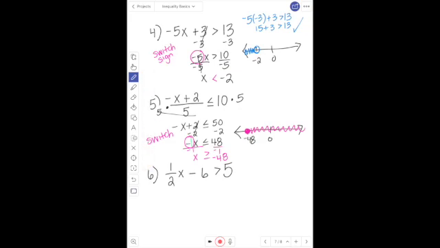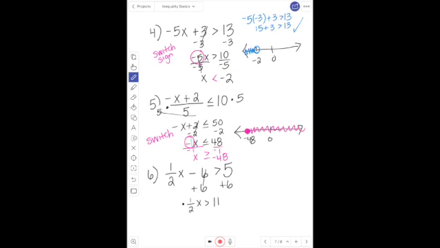All right, for number 6, I'm going to start by adding 6. So I have 1/2 x is greater than 11. Now, when we talked about fractions before, we said it was much easier to multiply by the reciprocal. Remember, there's no such thing as dividing by a fraction. So the way to actually do that is you're going to multiply by the flipping of that fraction.